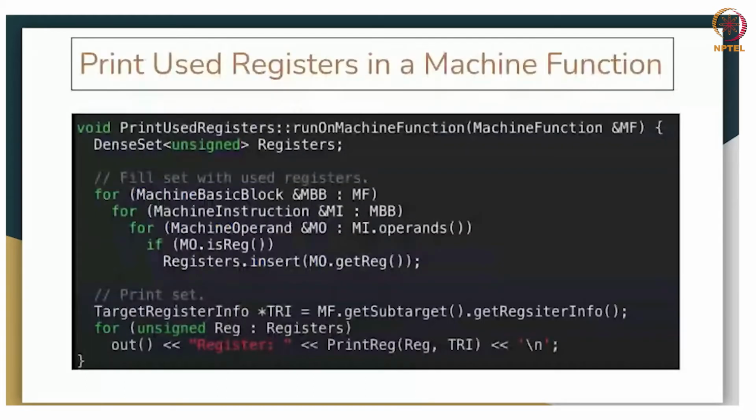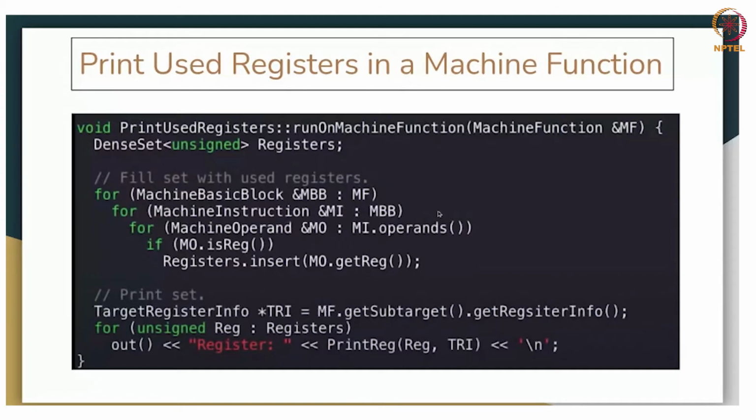This is a simple code where you are iterating over a machine function, in runOnMachineFunction. The machine function is an argument, the variable MF. Here, what you are doing is looking at the used registers. Each machine function consists of n machine basic blocks, and each machine basic block consists of, say, k machine instructions.